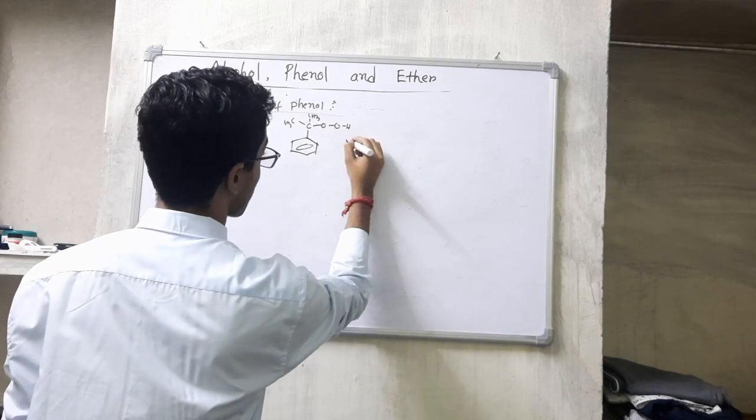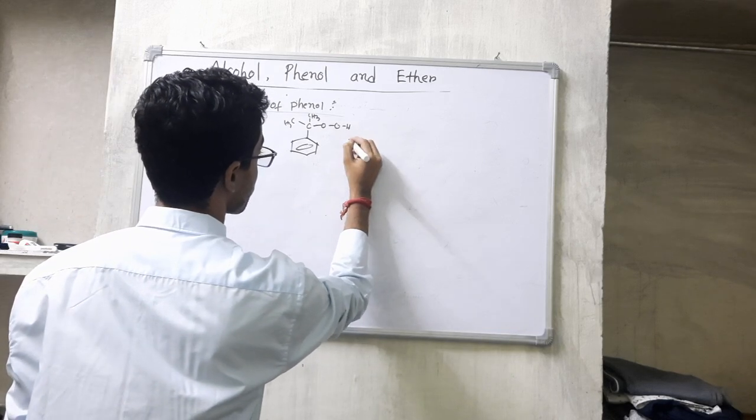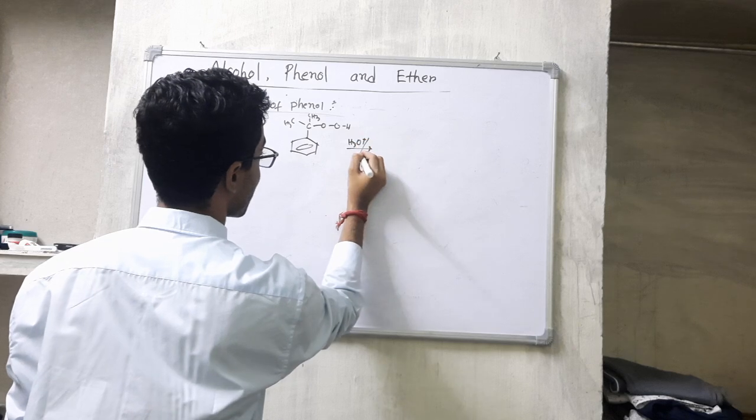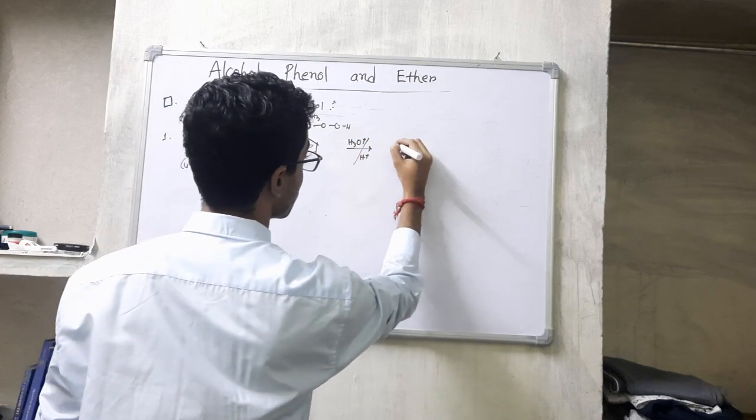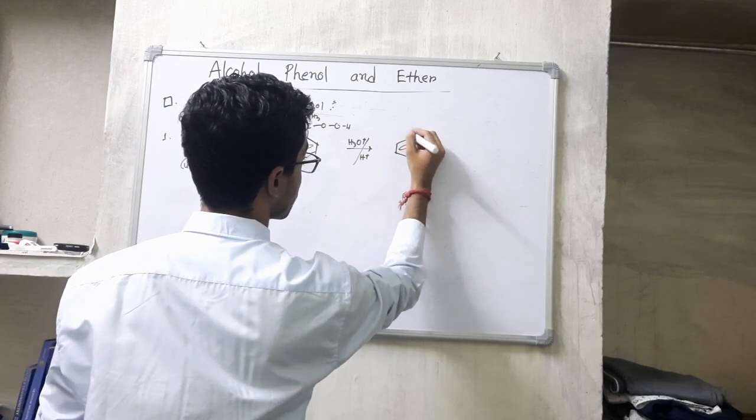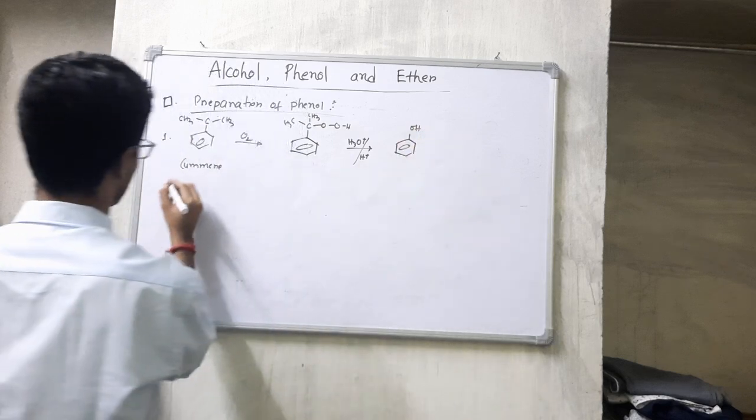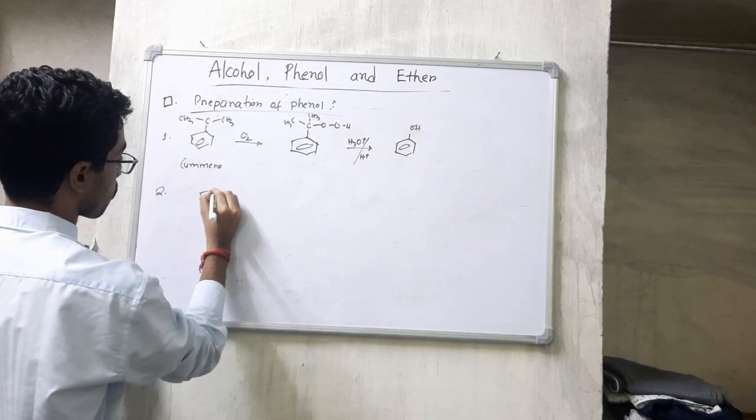If we hydrolyze this with H3O plus or mild acidic condition, then phenol is formed. Number 2 is from chlorobenzene.